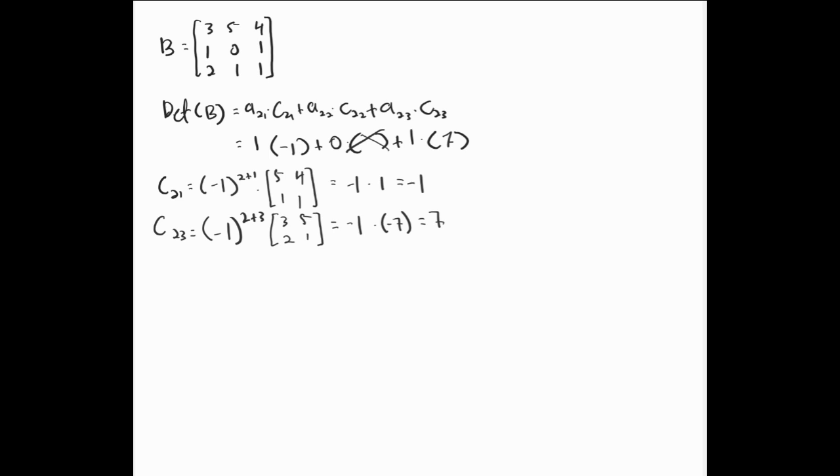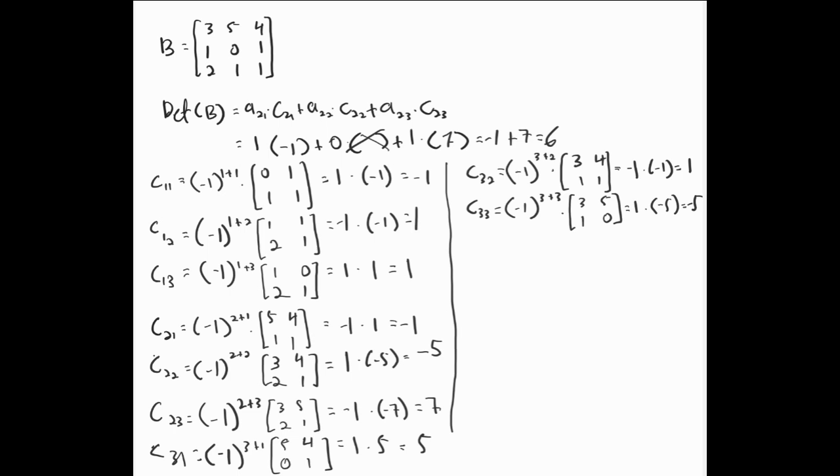So -1 plus 7 is 6. So the determinant for this matrix is 6. So it is invertible. Now that it is invertible, we are going to calculate the whole cofactor, I mean the cofactor for all elements, because we need to find the adjoint.